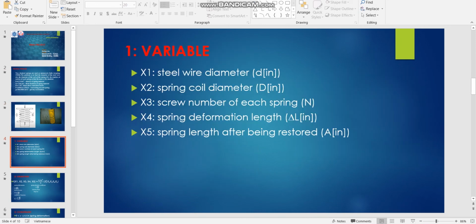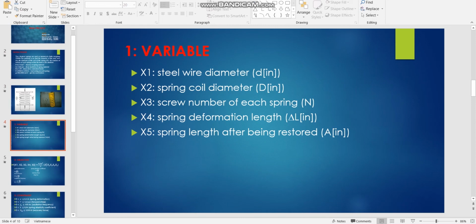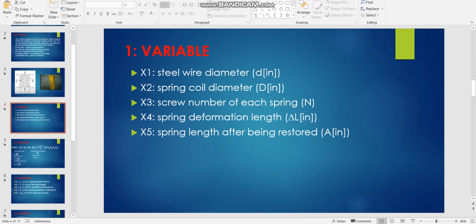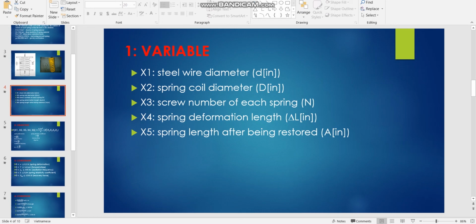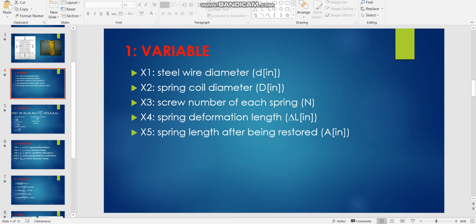The first one is variables. X1 is wire diameter. The unit is inch. X2 is spring coil diameter. The unit is inch. X3 is the load of each spring.